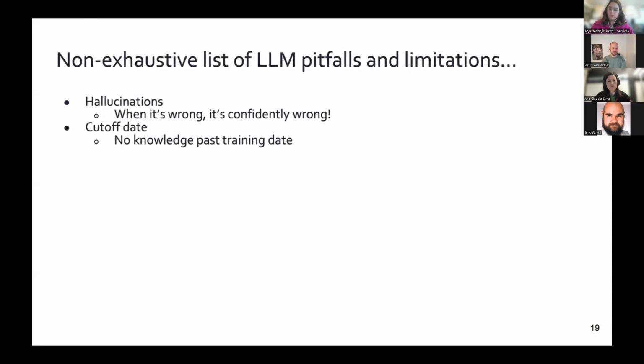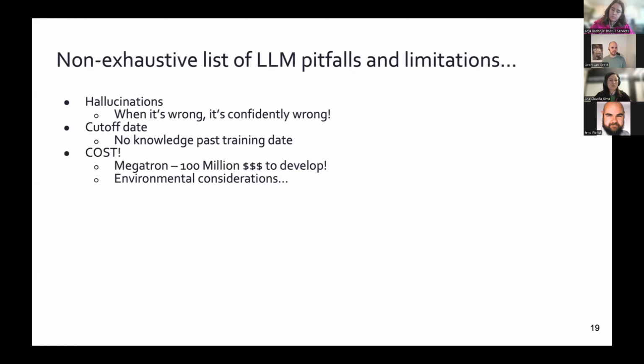So large language models are expensive to train, so they are trained periodically on the available data, but beyond the cutoff date, the model by itself does not have access to knowledge if you don't complement it with something else. Of course, the cost is a very big factor in this. This is why you cannot afford to retrain very often.